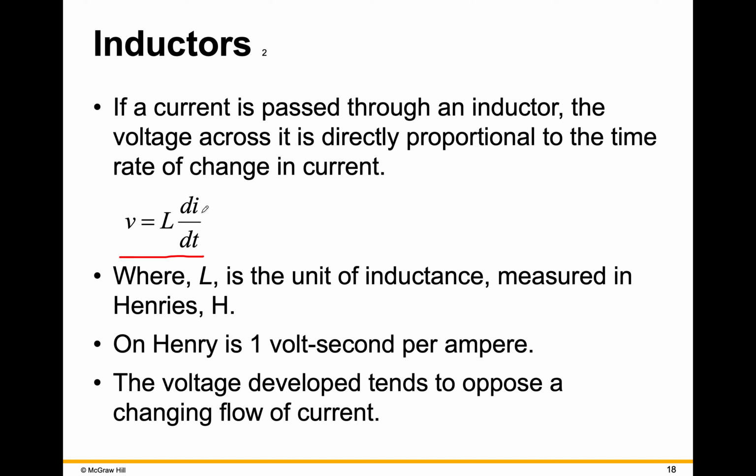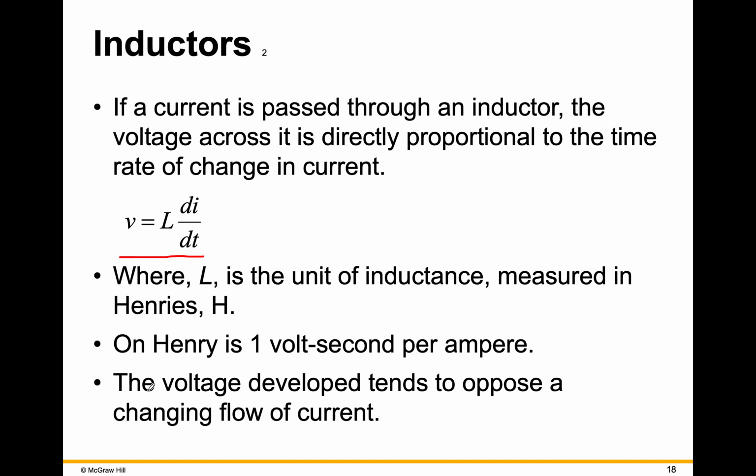In fact, an instantaneous change in I would give you infinity for di/dt, driving the voltage to infinity, which is unphysical in a real-world circuit. So you do not have instantaneous changes in the current in inductors.